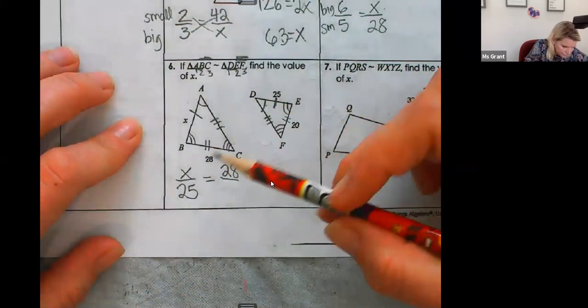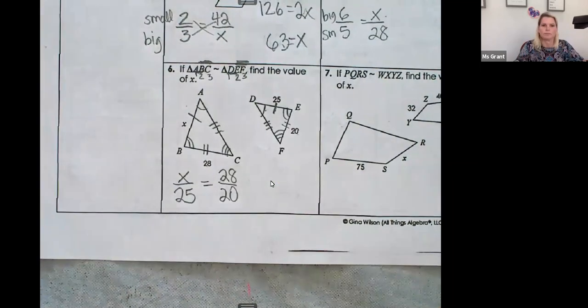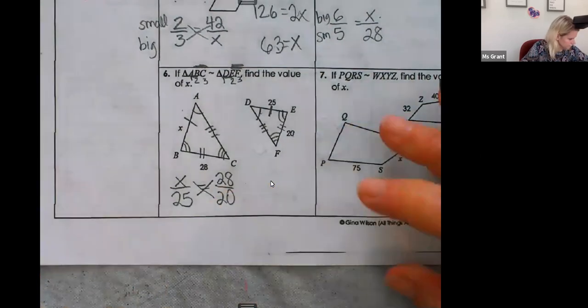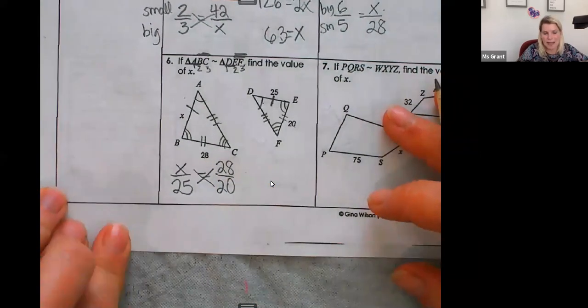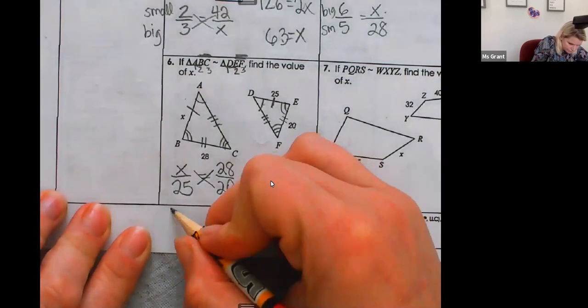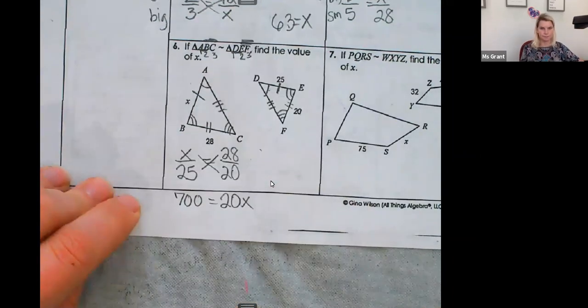Wait. Just kidding, over 20. No more mistakes, Mrs. Grant. Cross multiply. 25 times 28 is 700 equals 20x.